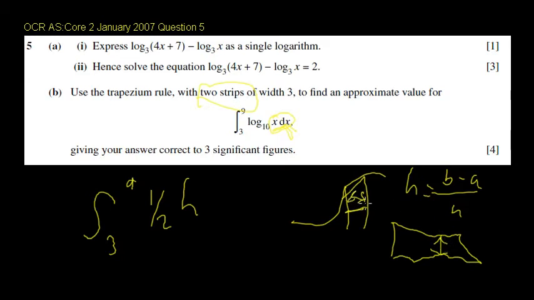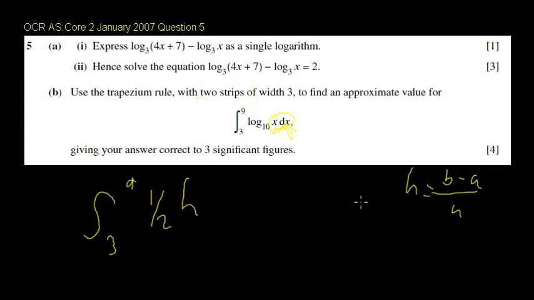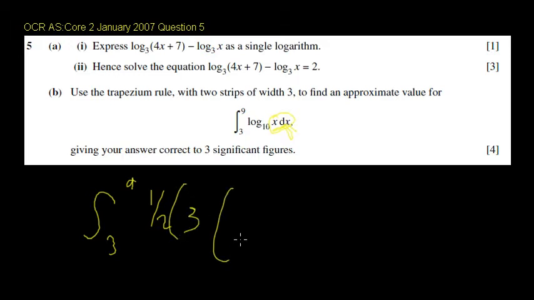Okay then, let me remove all of that because it's getting in the way. Since they give us the width, I would sub in, in my new brackets, 3. Open the brackets again.